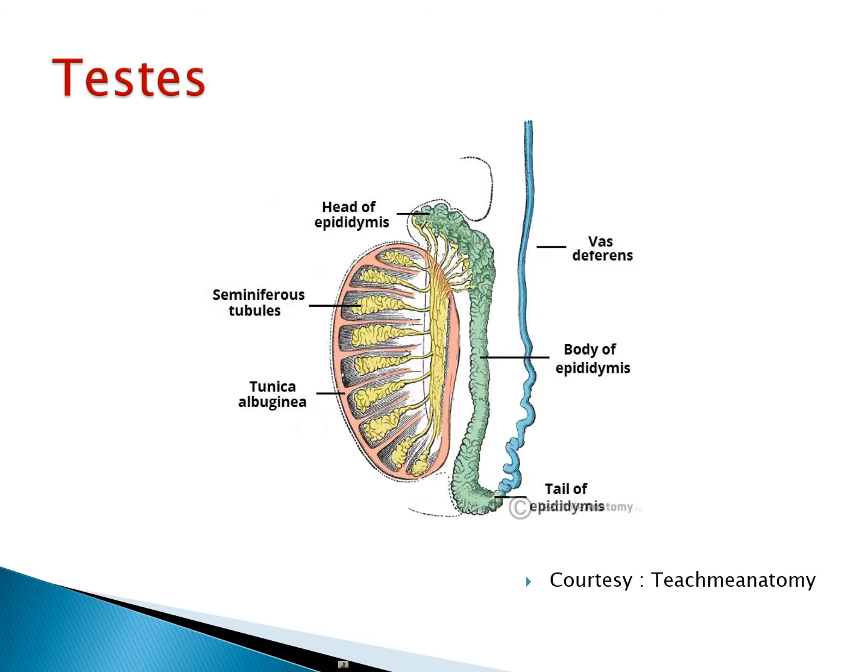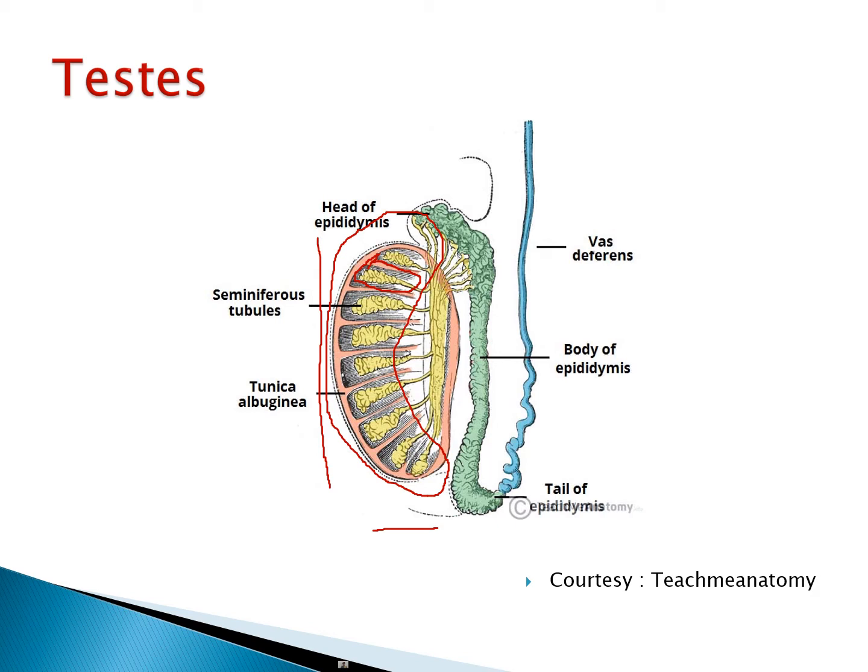This is a diagram of a testis. Here you can see that length is approximately 4 to 5 centimeter while the width is 2 to 3 centimeter. This area is the primary sex organ which contains testes, and these are the testicular lobules. You can see here this is one testicular lobule and many testicular lobules are present.